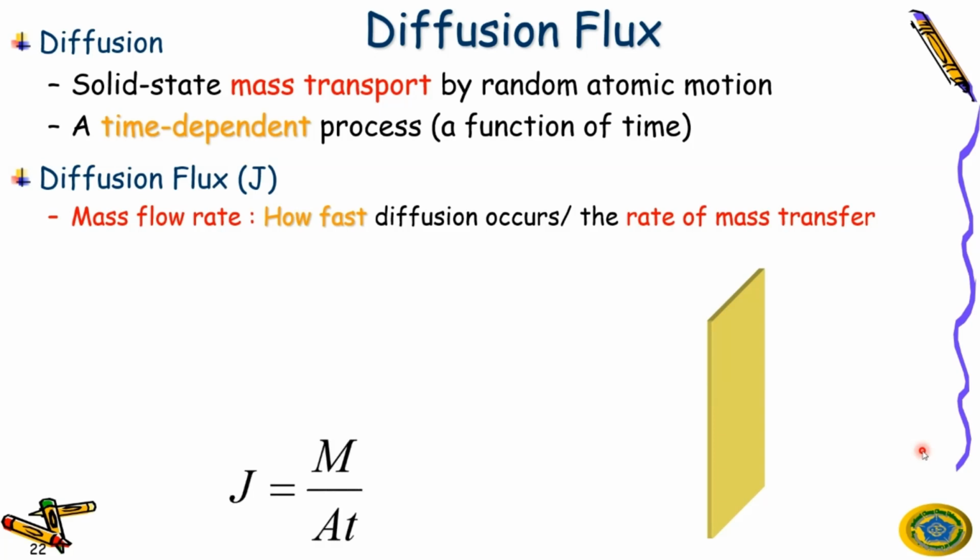J is equal to mass divided by area and divided by time. In a very small moment, you can use a differential equation. So J equals dm divided by A dt.